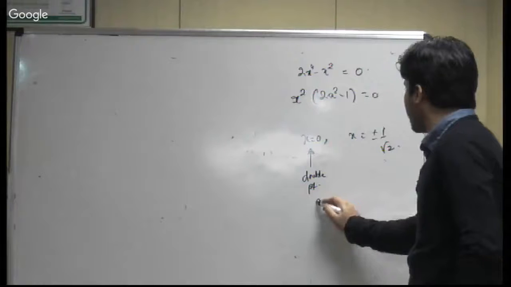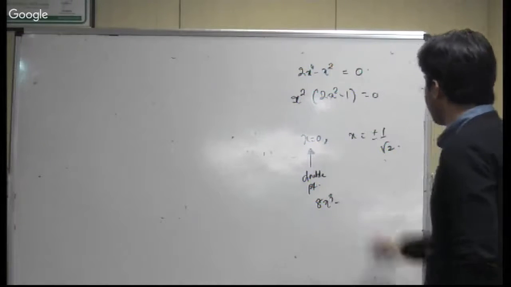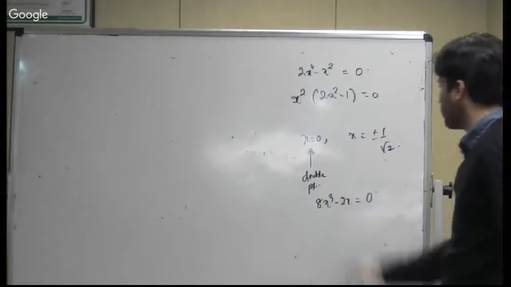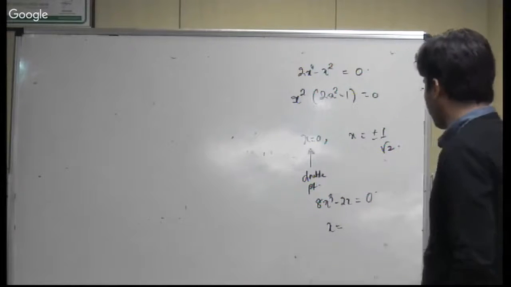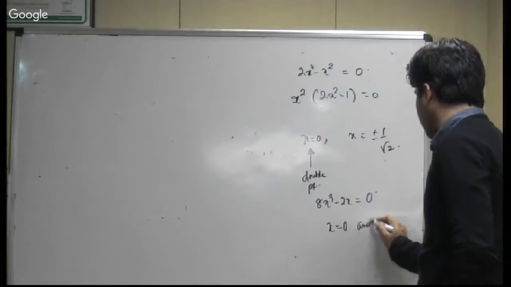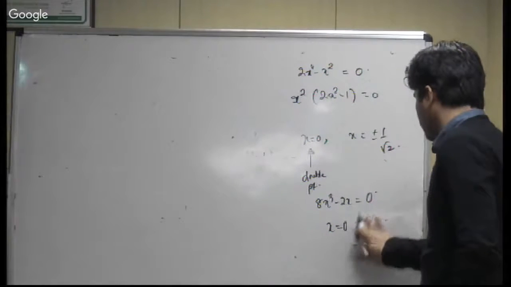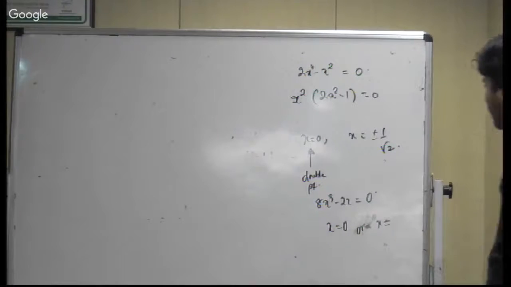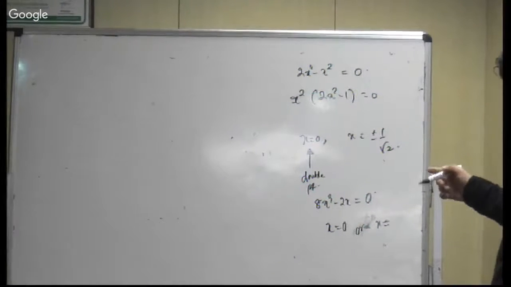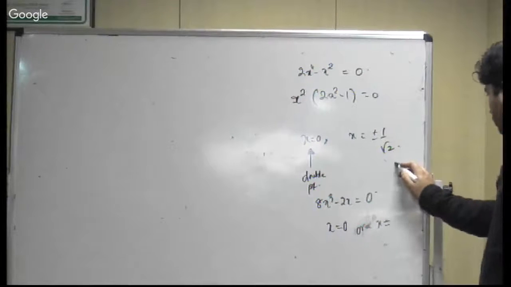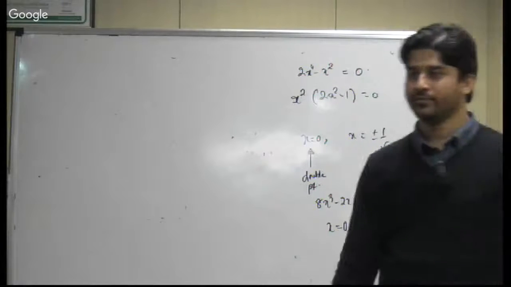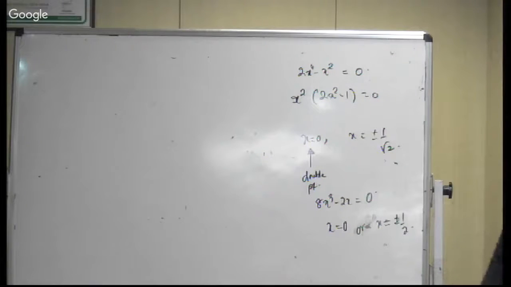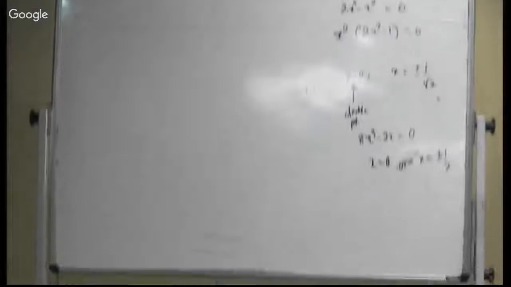So 8x cube minus 2x is equal to 0, so x is equal to 0 or x is equal to plus minus 1 by 2. Which is greater, 1 by root 2 or 1 by 2? 1 by root 2.